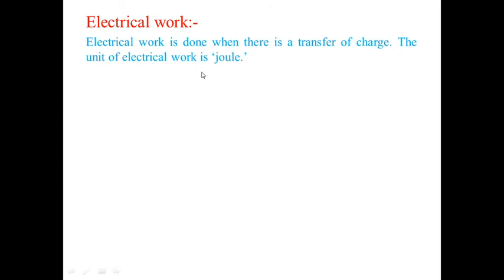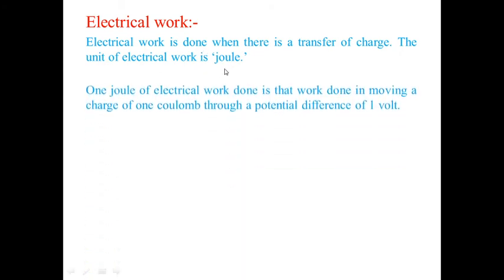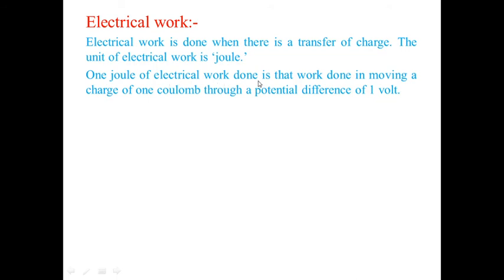The unit of electrical work is joule. 1 joule of electrical work is the work done in moving a charge of 1 coulomb through a potential difference of 1 volt. So, if you are moving a charge of 1 coulomb through a potential difference of 1 volt, then 1 joule of electrical work has been done.